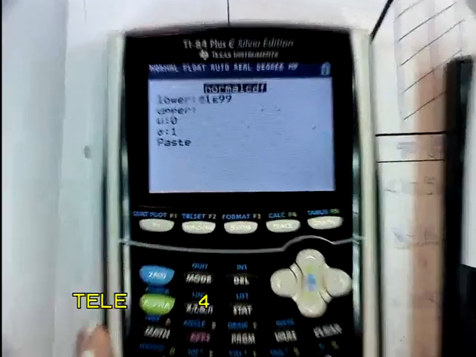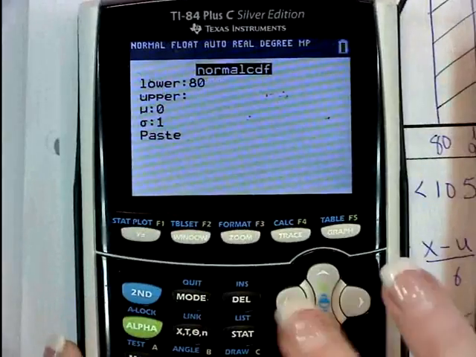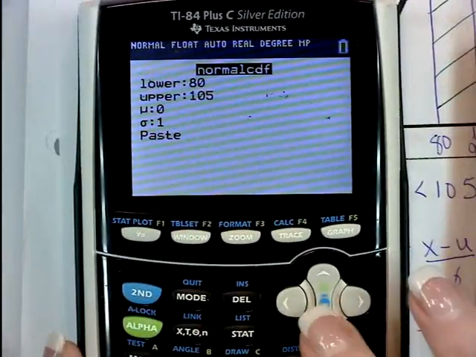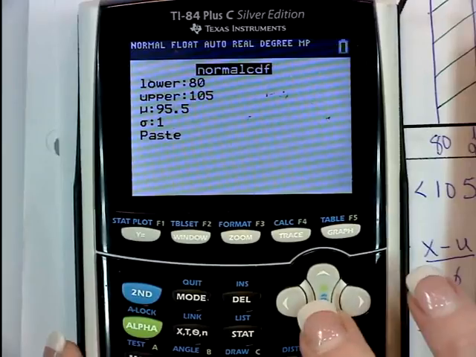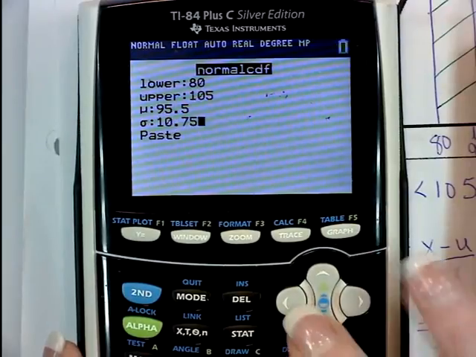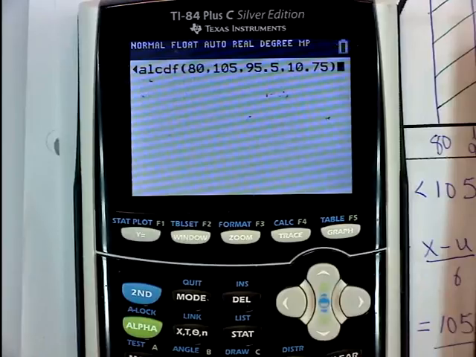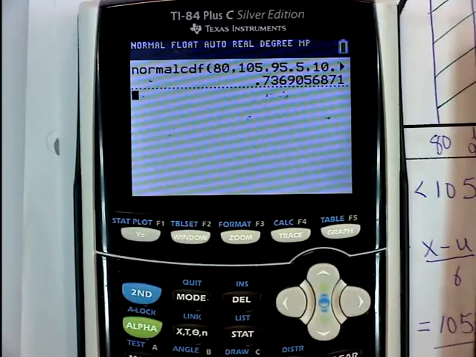The new edition, you will put 80, 105, 95.5, 10.75, paste and enter. And you receive 0.7369 by calculator.